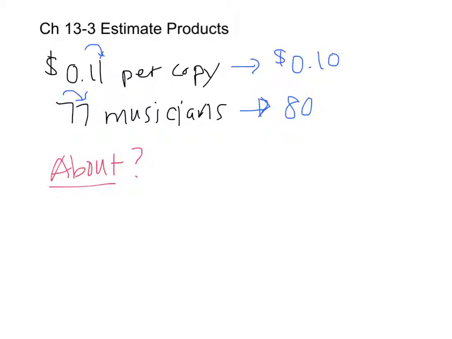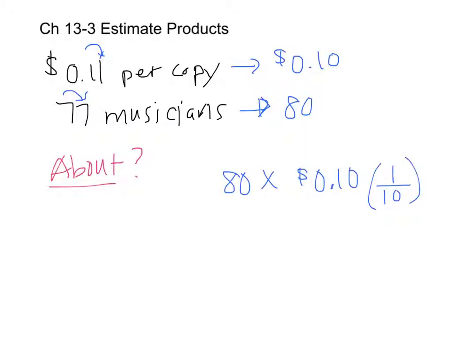So we're going to take the new rounded numbers, 80 and 10 cents, and we're going to multiply them together. So we take 80 times 0.10. Now, we just came off of multiplying with fractions, right? 10 cents, or the decimal 0.10, can also be written as 1/10, right?